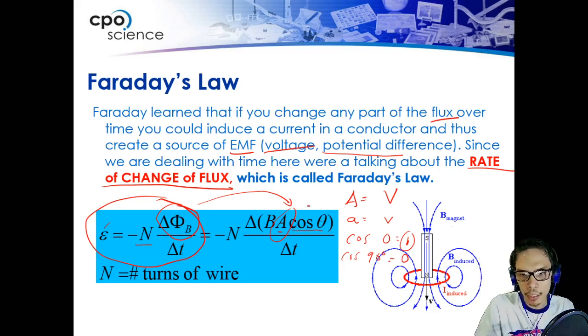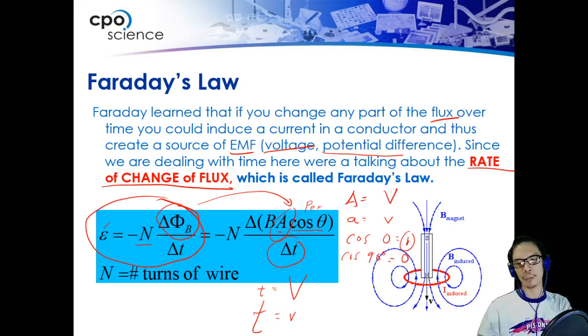That is the parallel orientation. Then it is divided by the time. If the change in time is very small, you can produce a much greater amount of voltage. But if the change in time is greater, the voltage produced is very low as well.